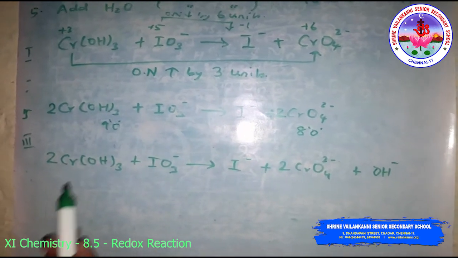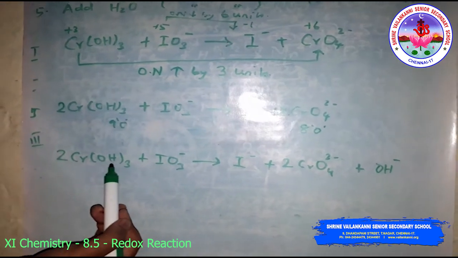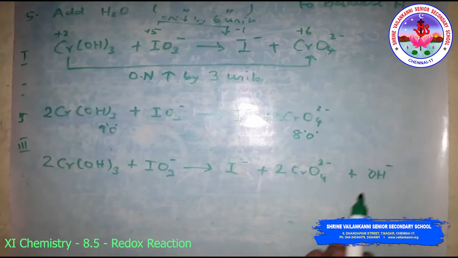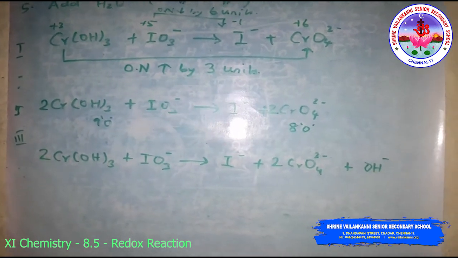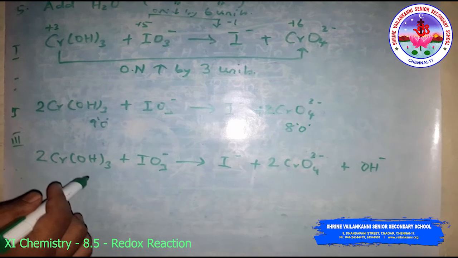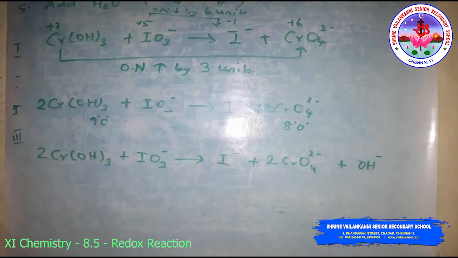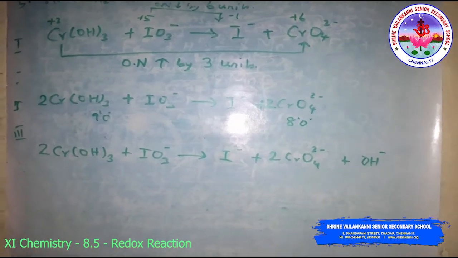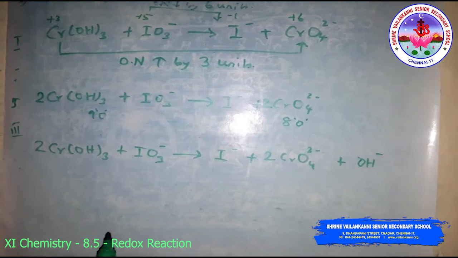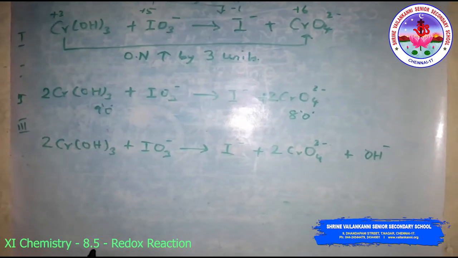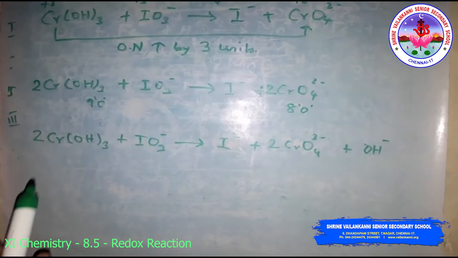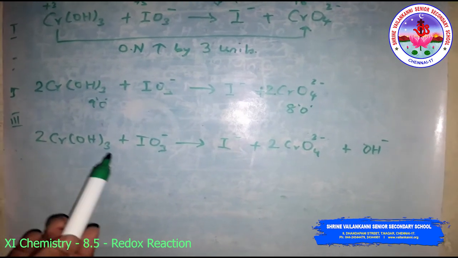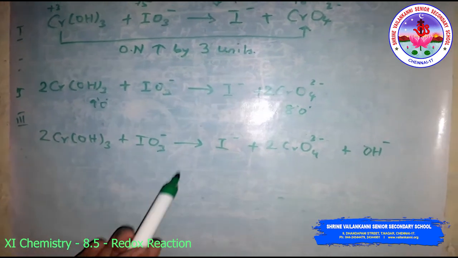The hydrogen: 3 times 2 is 6 minus... here 5 hydrogen on the left hand side, and the right hand side is only 1 hydrogen. Adding hydroxide ion to the right hand side is to balance the oxygen.